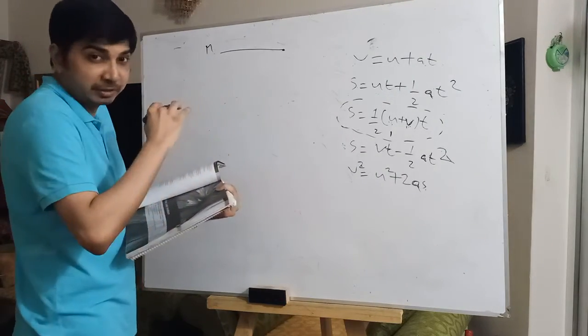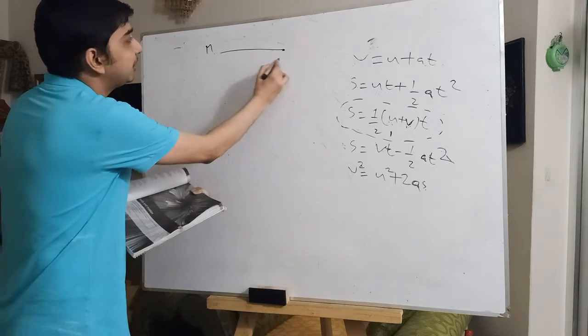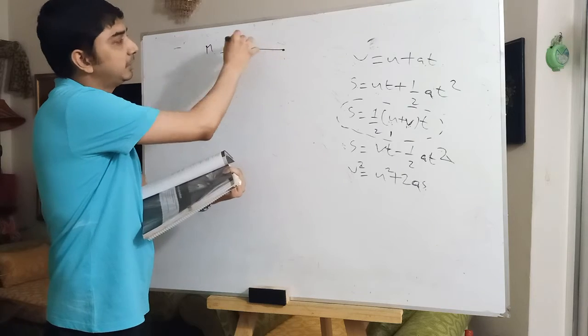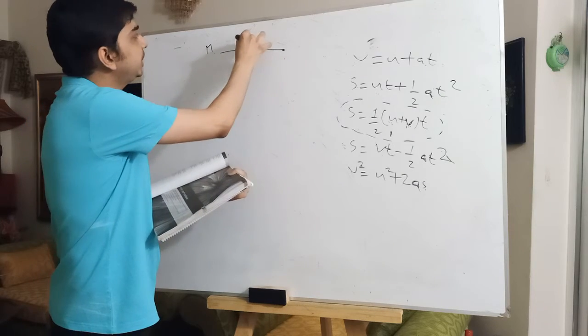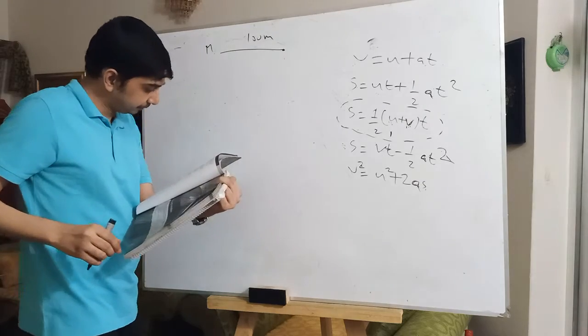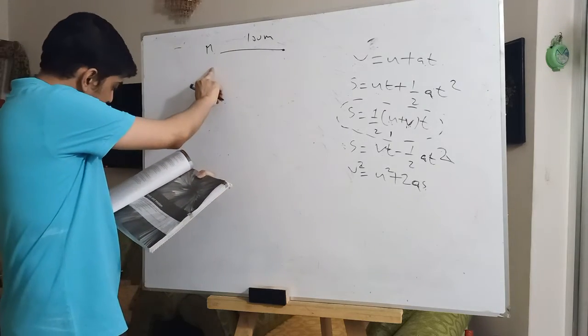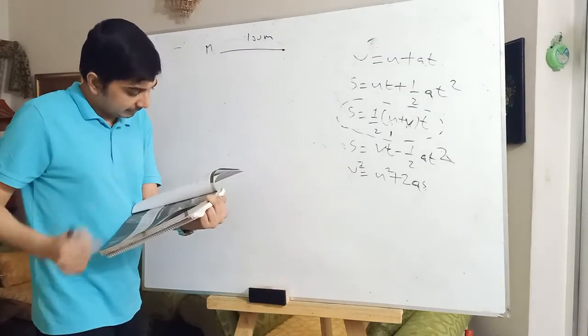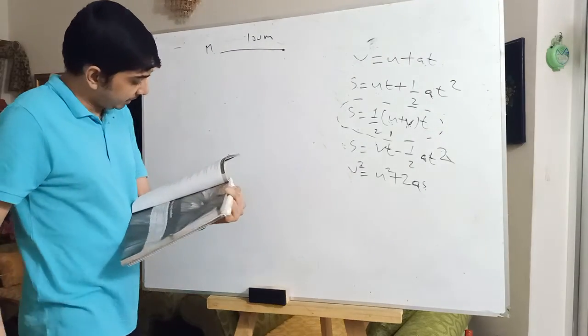So we're assuming constant deceleration. Why? Because when the bus reaches the bus stop, the deceleration will be such that the final velocity of the bus is going to be 0. This distance is 100 meters. And the speed of the bus is 8 meters per second. And the speed of the man is 3 meters per second.